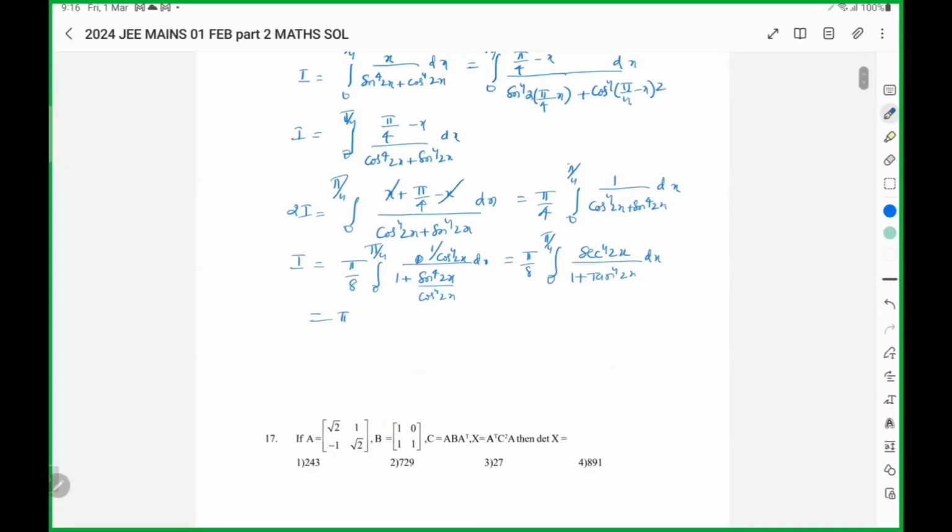Pi by 8. So secant square 2x into secant square 2x, which is 1 plus tan square 2x by 1 plus tan power 4 2x dx.